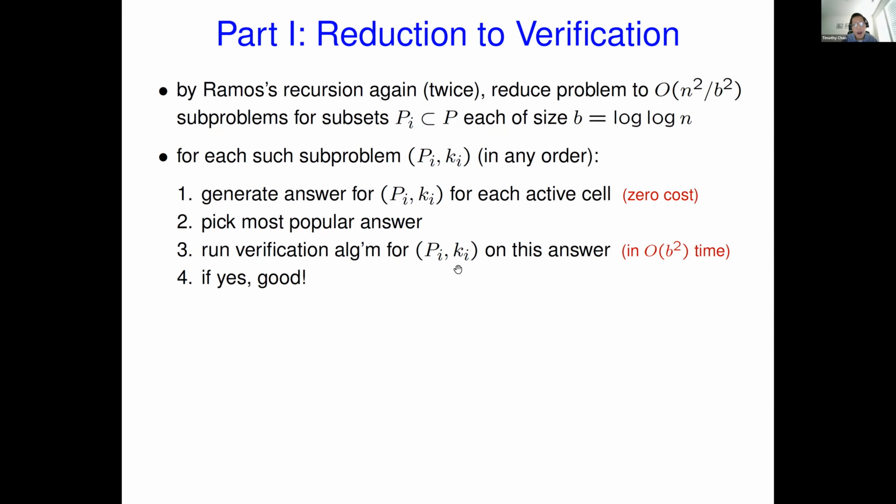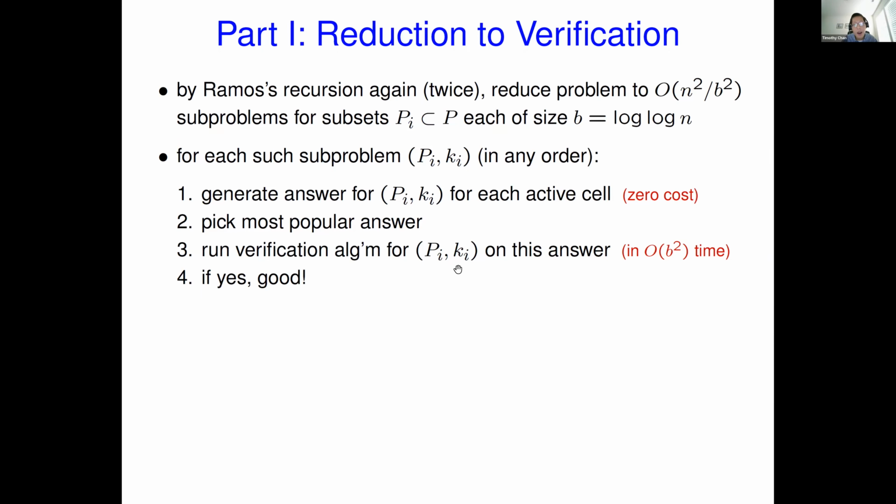So there are at most 2 to the poly b different answers out there, and the most popular answer will occur in at least a fraction of 1 over 2 to the poly b. And we rule that out. So the number of active cells is decreased by a factor of 1 minus 1 over 2 to the poly b. Okay, so it's a fraction that is only slightly less than 1, but it's still a reduction.